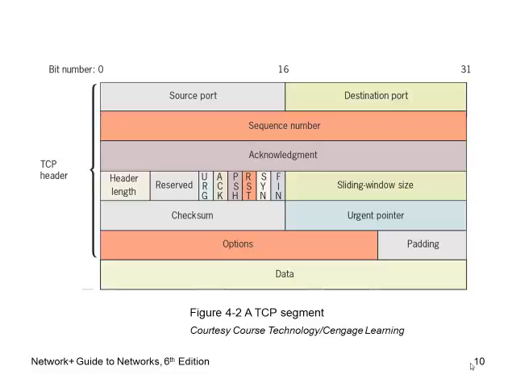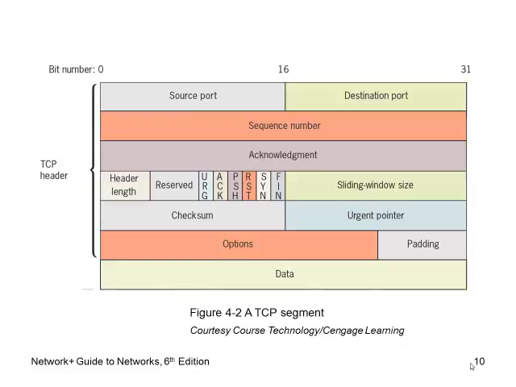Here's our TCP segment. We got a source port and destination port. Where did it come from? Where's it going to? Port-wise. Then we got the sequence number and the acknowledgement number. We're going to see examples of those in a second. We got the length. Got some reserved area, which never did get used. Got a bunch of flags: urgent, acknowledgement, push, reset, SYN, or FIN, or finish.